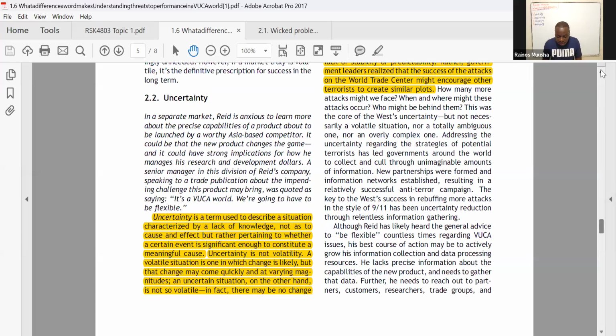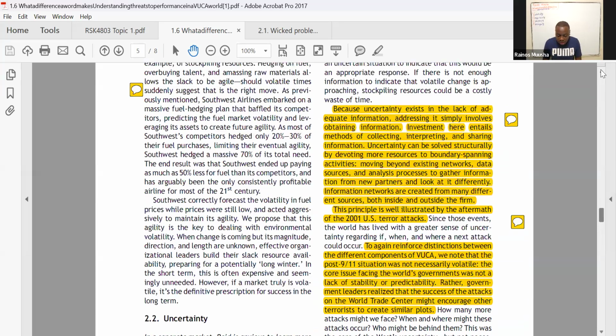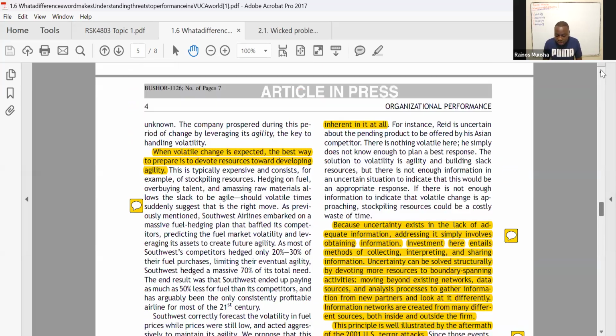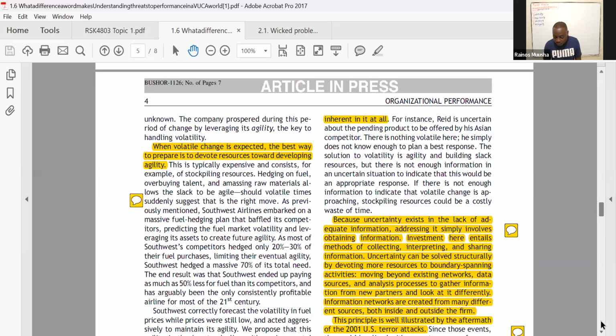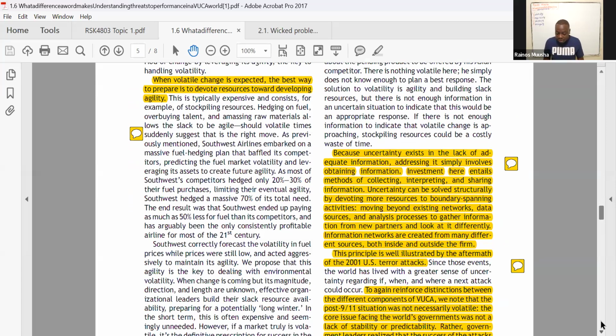In fact, there may be no change inherent in it at all. Because uncertainty exists in the lack of adequate information, addressing it simply involves obtaining information. Investment here entails methods of collecting, interpreting, and sharing information.